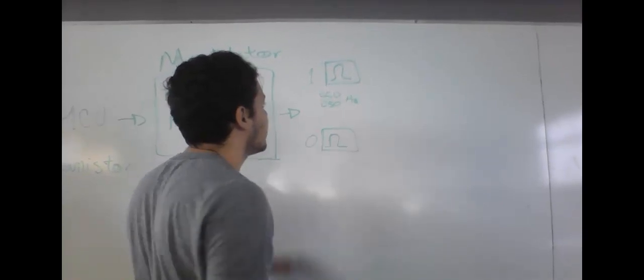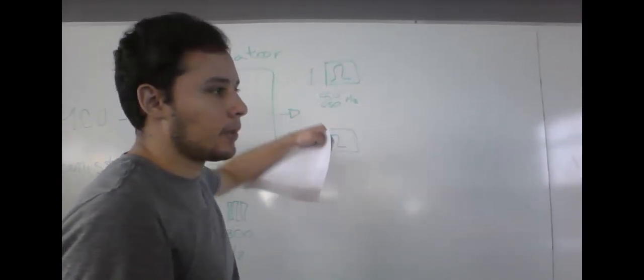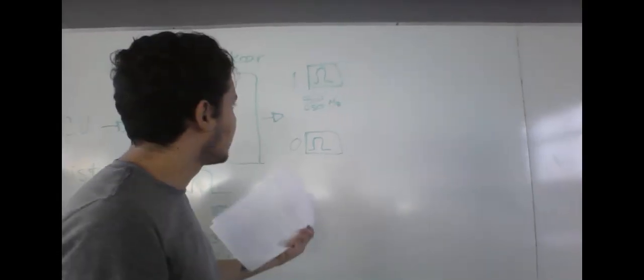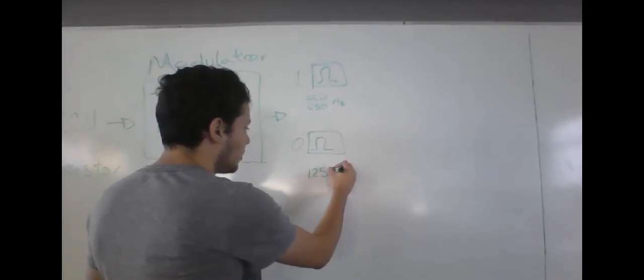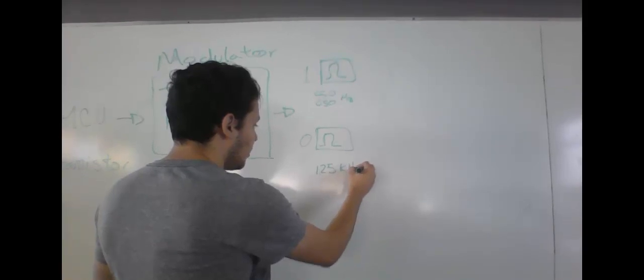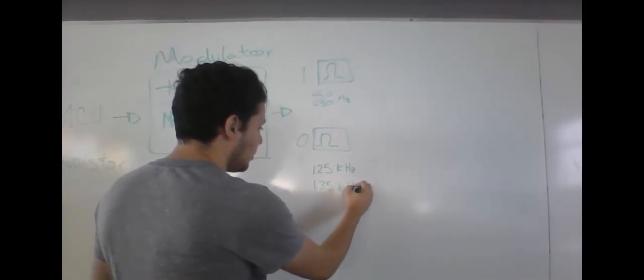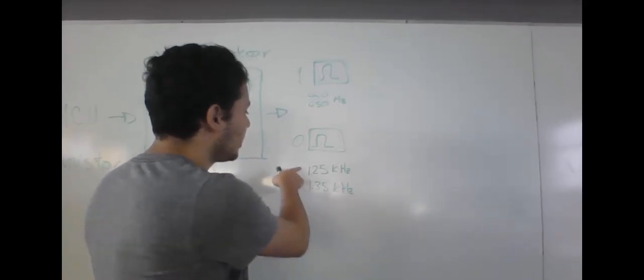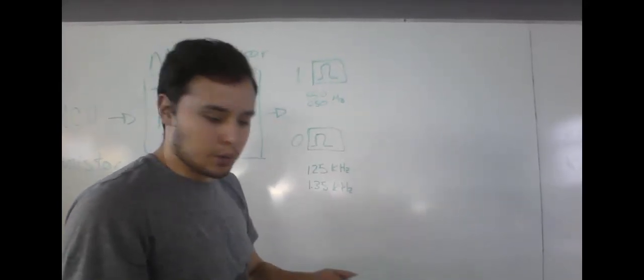A frequency between these two limits is determined to be a 1. For the other filter, we apply 1.25 kilohertz, and if it's within that range, we consider it a 0.